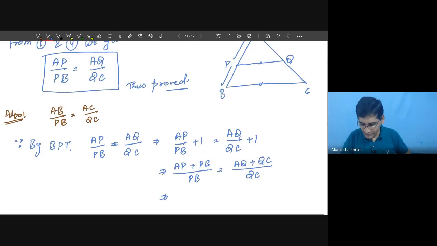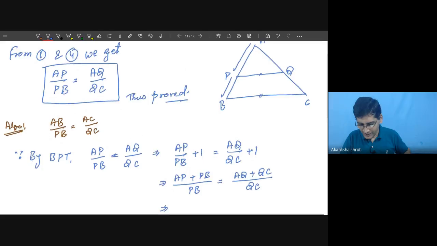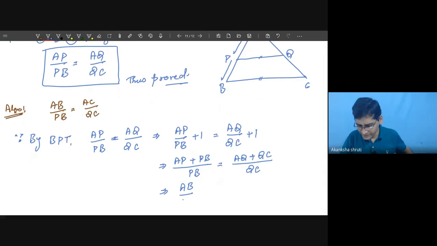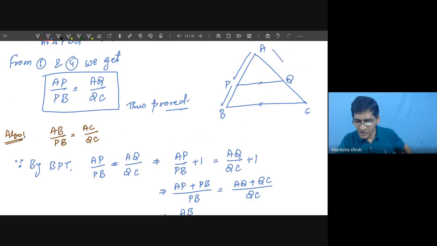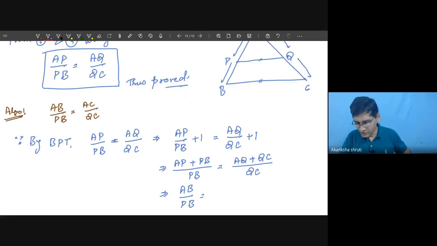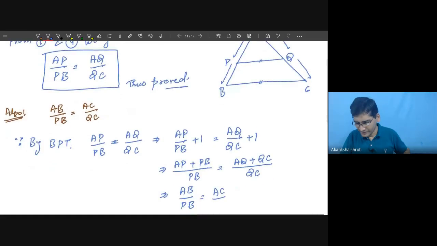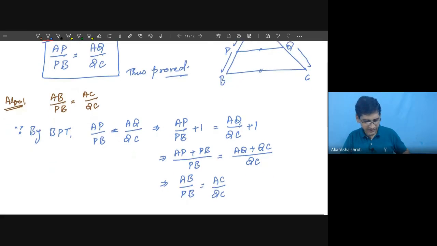So the left hand side numerator can be replaced by AB and the denominator as it is, PB. For the right hand side it is our AQ and QC. So they will get added to AC. From the figure we are writing AC by QC. So this was the second that we have to prove. So this is also proved.